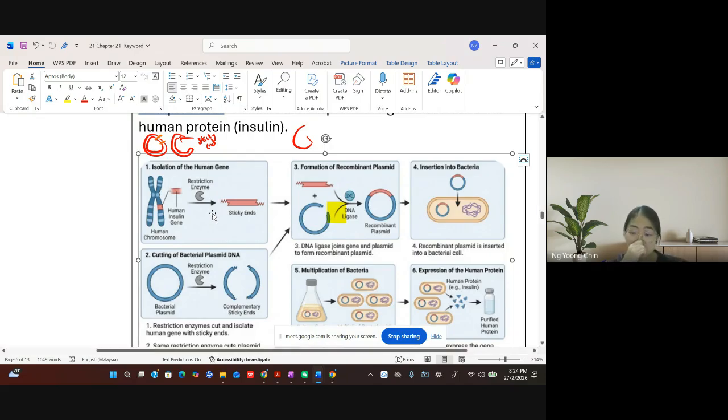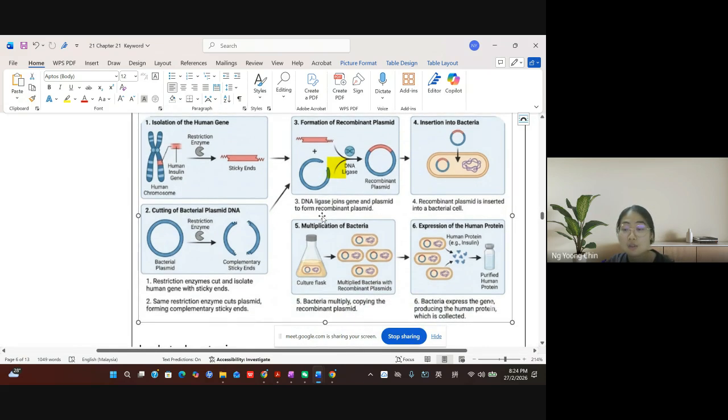Later the DNA ligase is one enzyme that will help to fuse them together, and then they will become the recombinant plasmid, because the plasmid now contains the foreign DNA, which is not found inside the bacterial body. So DNA ligase joins the gene and plasmid to form the recombinant plasmid.